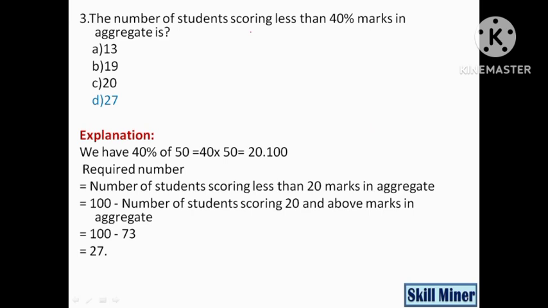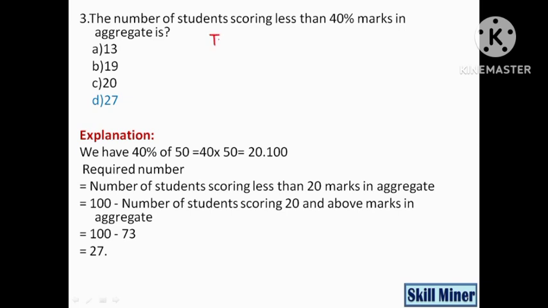The number of students scoring less than 40 marks in aggregate. The question is asking for the number of students who scored less than 40 marks in average.